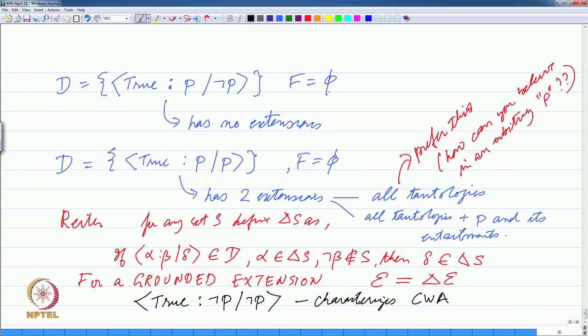So, closed world assumption can be simply captured by this one default rule. It says that you can add any negative statement provided you cannot prove its contrary essentially. So, you can add any negative statement provided it is consistent to add that negative statement, which means you cannot prove P essentially.